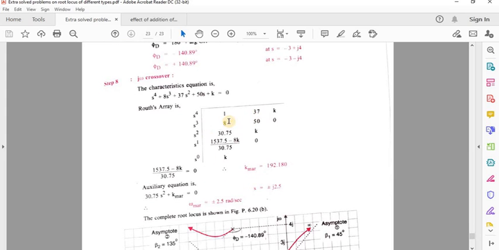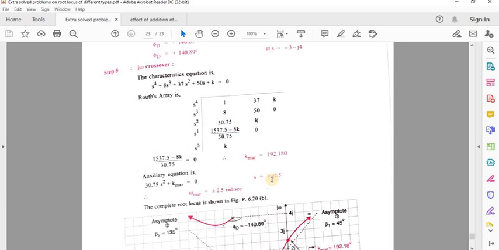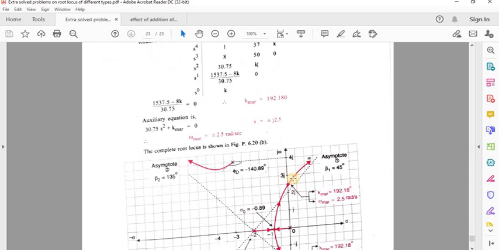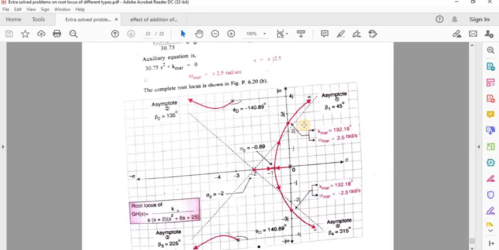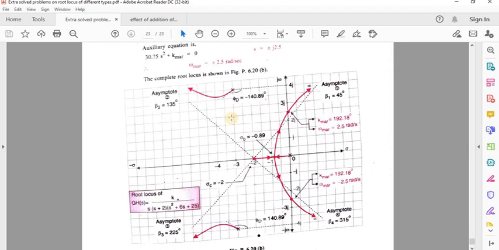From the auxiliary equation, by choosing s square and s raised to 0, you can see the crossing is at plus minus j 2.5. As you have taken the angle of departure, draw it also on the complex poles: minus 140 here, plus 140 here, and then your root locus moves away from the point.